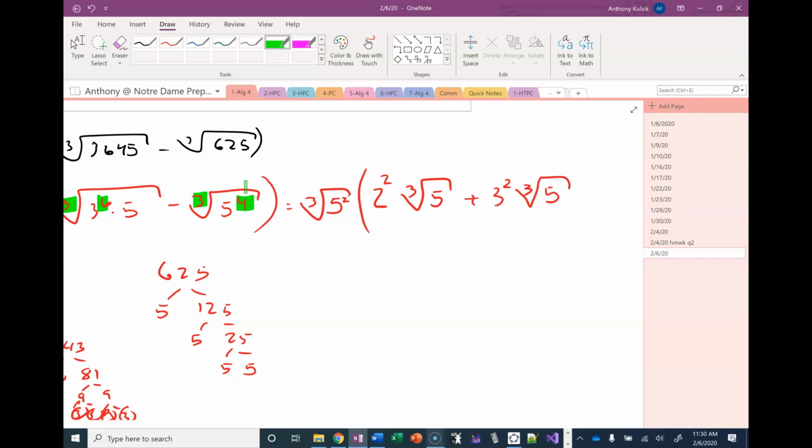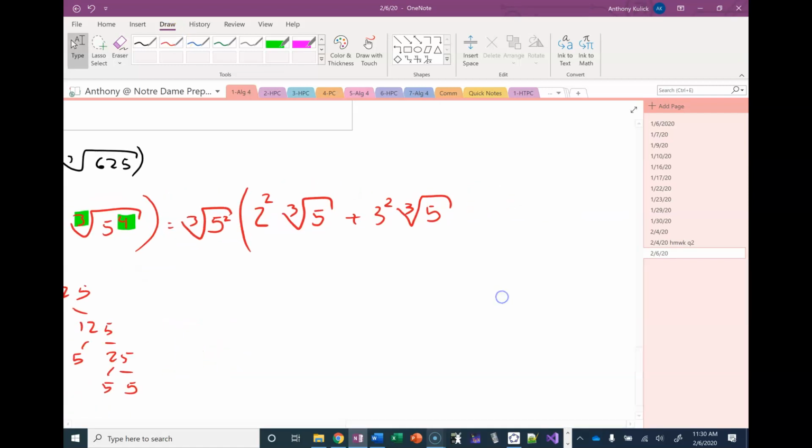So I can take 1 5 out, and there'll be 1 5 left over inside the radical. Okay to hear, Dan? Okay? So 2 squared is 4, 3 squared is 9, and then 4 plus 9 minus 5 is 8.